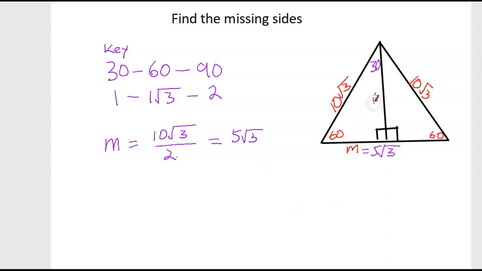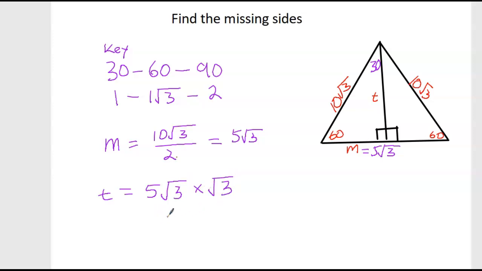We need our t, which corresponds to the 60. So our t is just whatever you have for the 30 times square root of 3. So we got 30 to be 5 root 3, so you're going to multiply it by square root of 3.